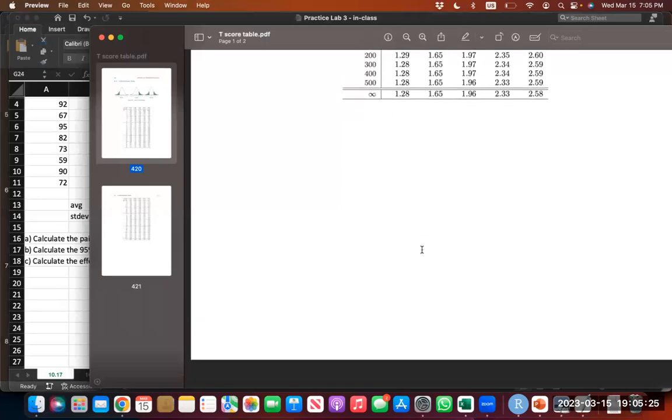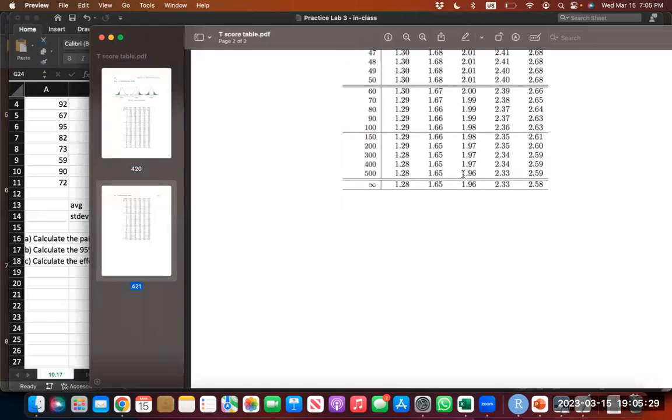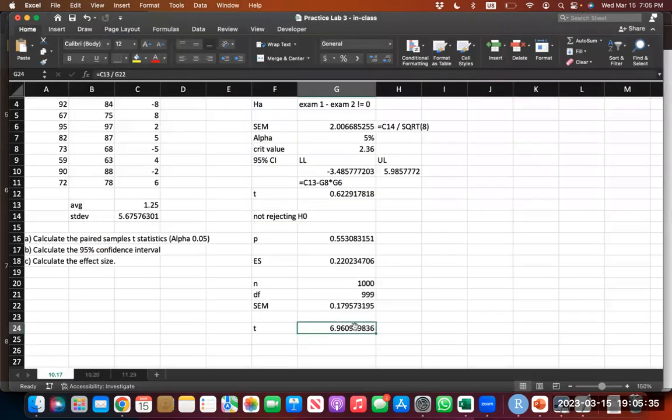With a sample size of 1,000, we have a much smaller critical value, which is 1.96, just like the normal distribution, the z-score. So the critical value also changes. And we see now that the t is exceeding our critical value.